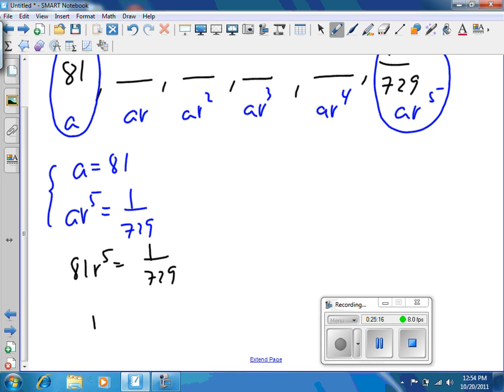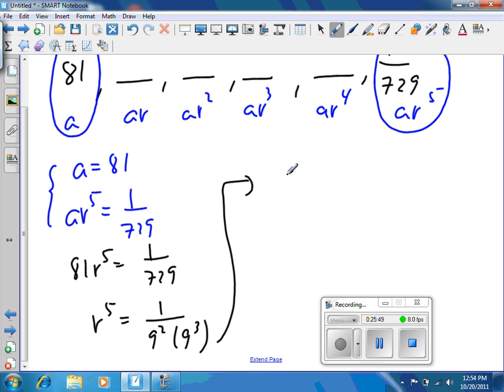Divide both sides by 81. 81 is 9 squared. I don't have a calculator up here, and I think 729 is a power of 9. It's 9 cubed. Keeps it easier for me when I don't have a calculator.